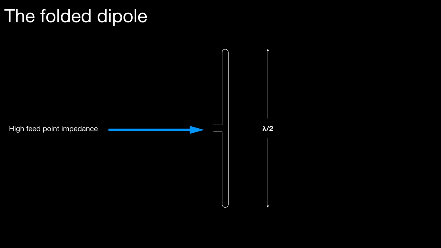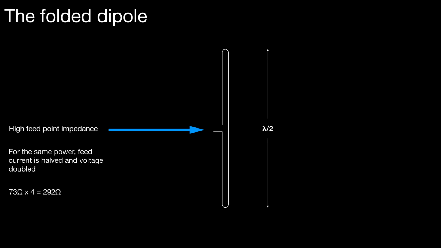Because it's folded then, it does present a high feed point impedance. So for the same power, the feed current is halved and the voltage is doubled. So if we double the voltage and halve the current, then we are multiplying the impedance by 4.